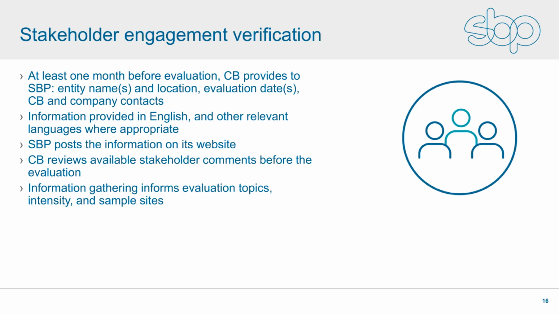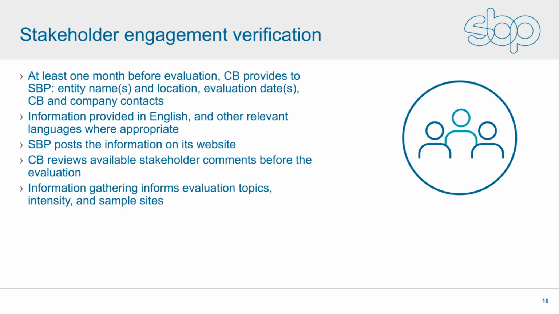This is done via the audit portal when registering an applicant. The information must be provided in English and in other relevant languages where appropriate, so that local stakeholders in the supply-based region can meaningfully engage. SBP posts the information on its website.